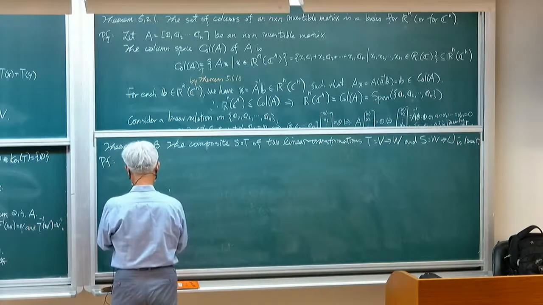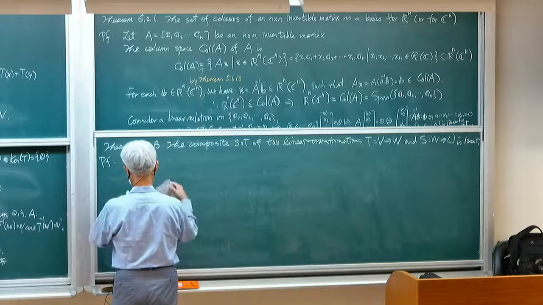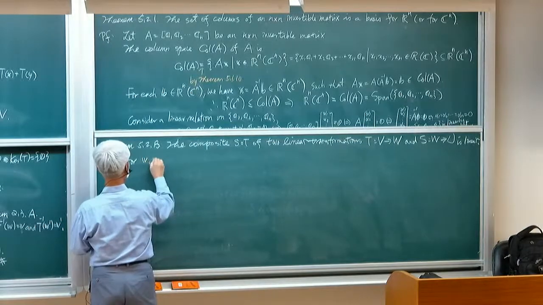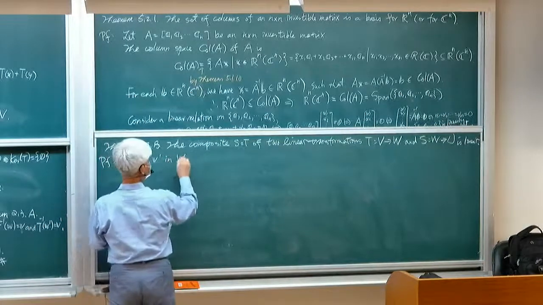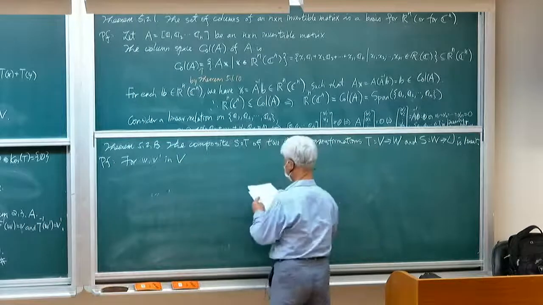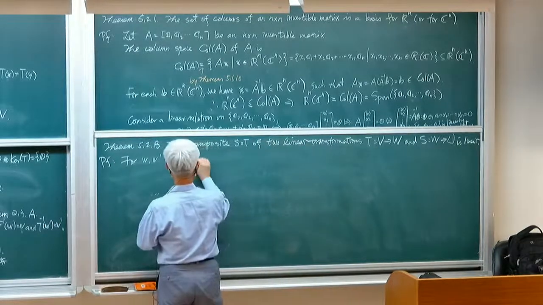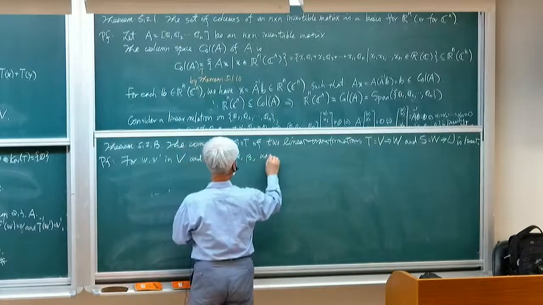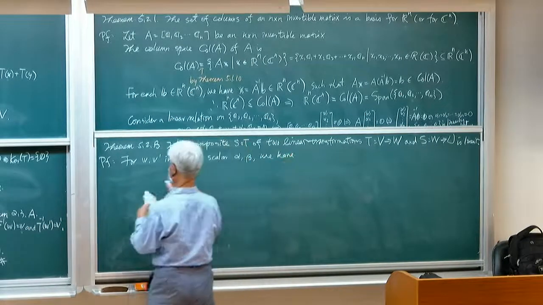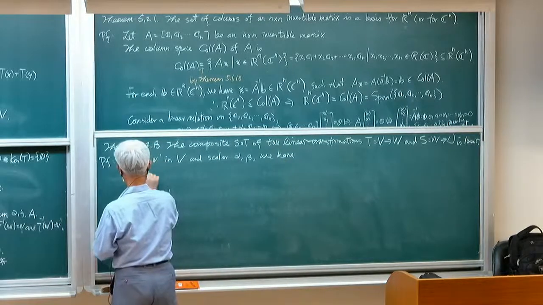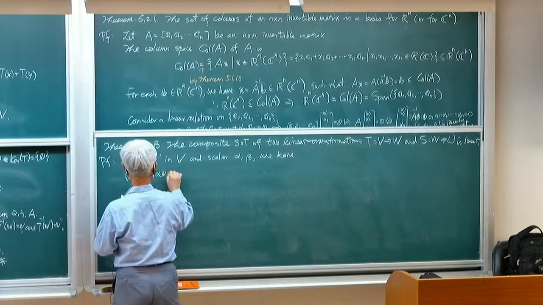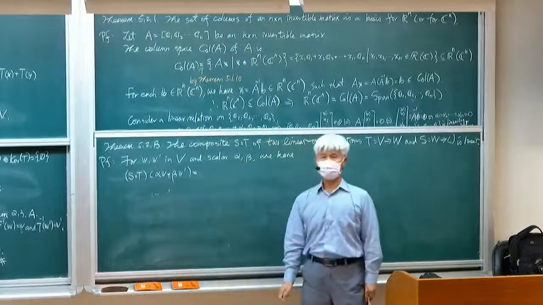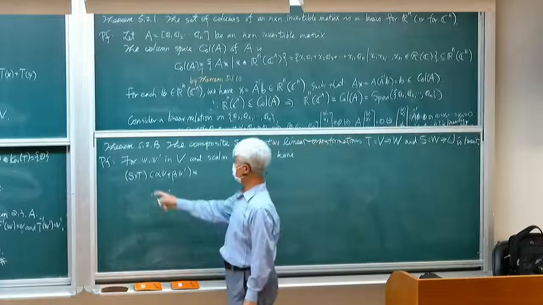So I write it down quickly. For v and v prime in the domain of T and scalars alpha and beta, we test the image of this composite.